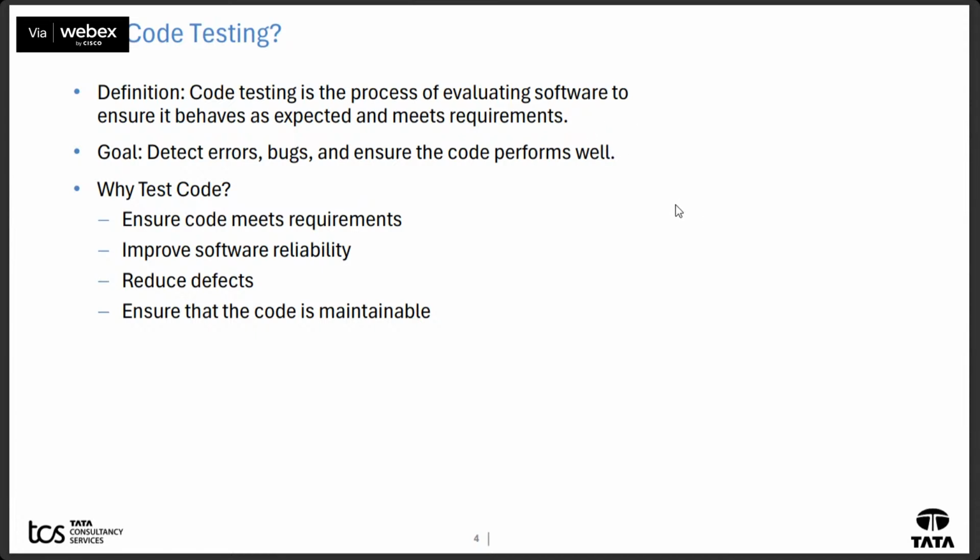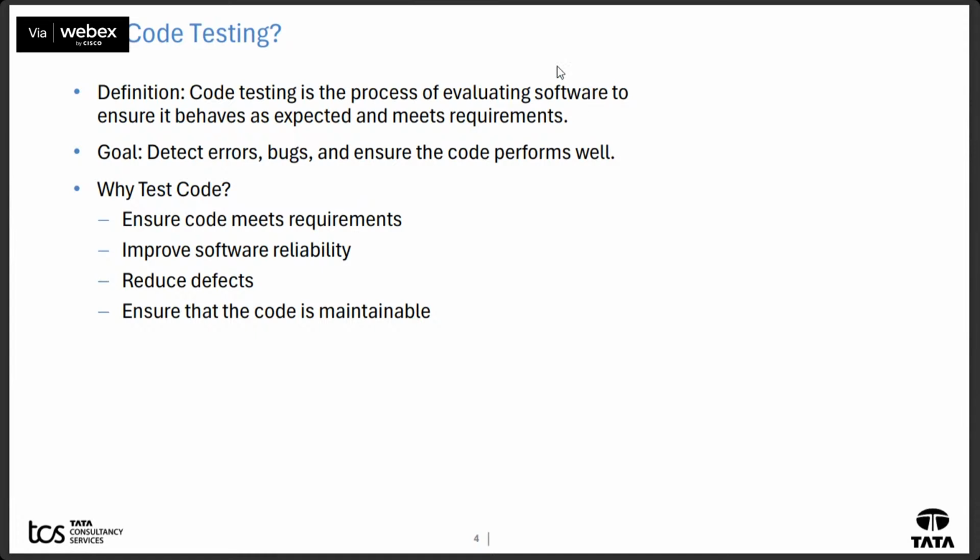What is code testing? It is the process of evaluating the software which has been developed so that it meets the requirements of the customers, whatever the software has been developed for, and the requirements that were given to the development team.